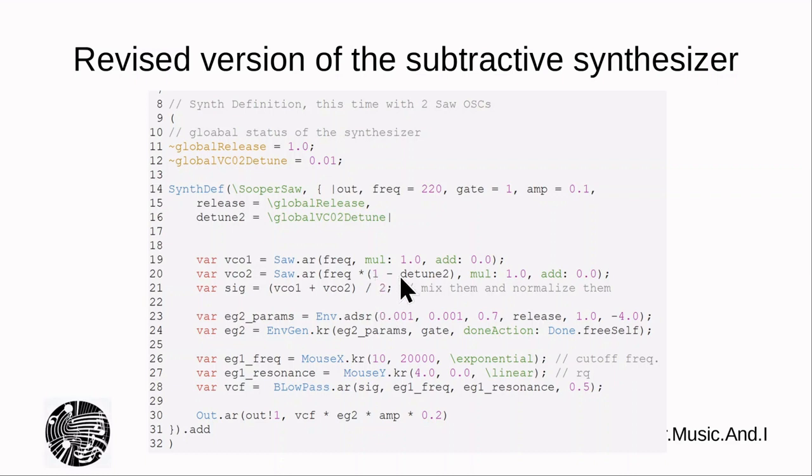And as you can see down here, these values are going to be used, and detune 2 will be set to the initial value, which is 0.01. Okay, and later on we are going to change these values.